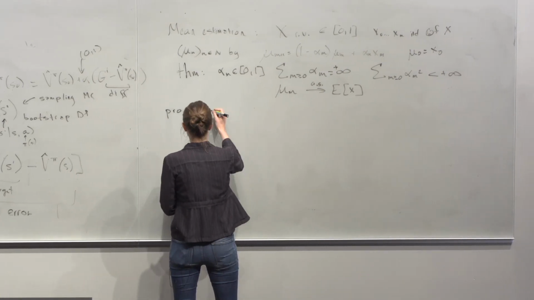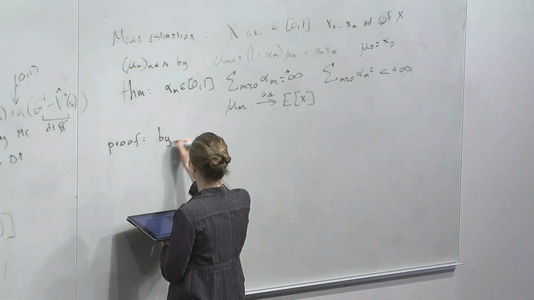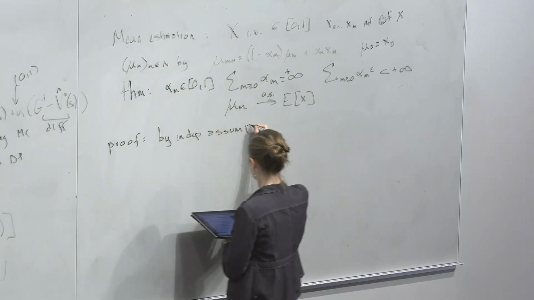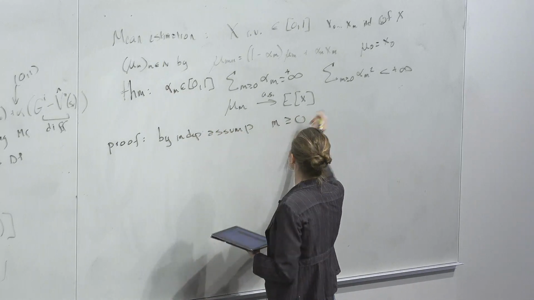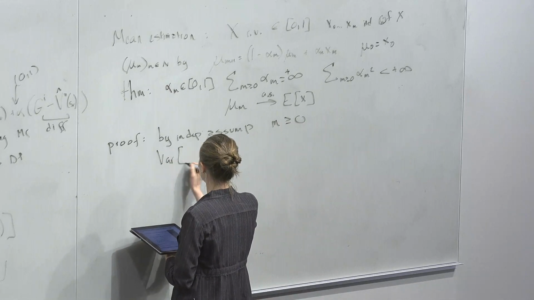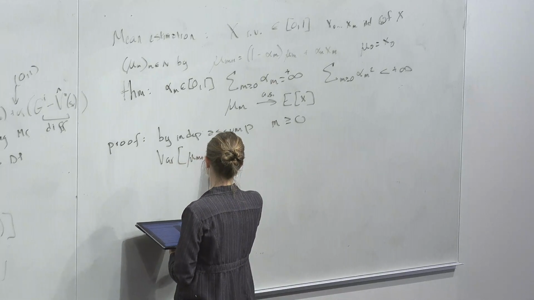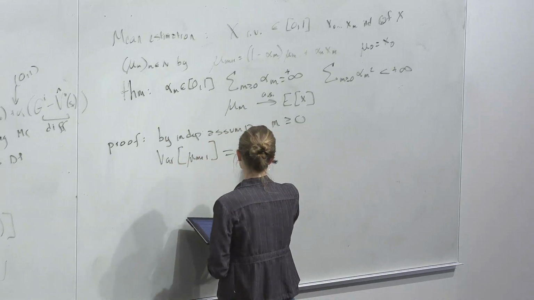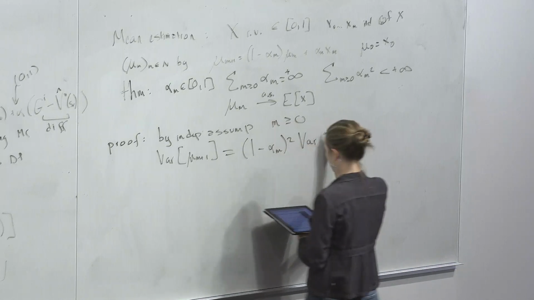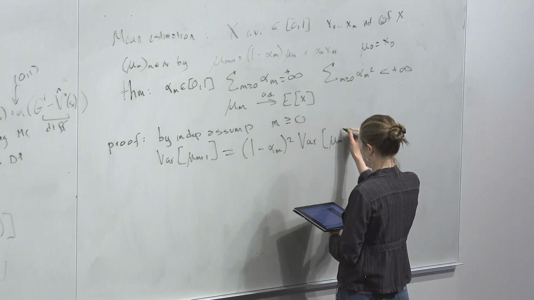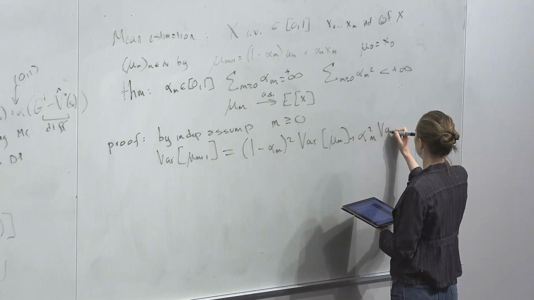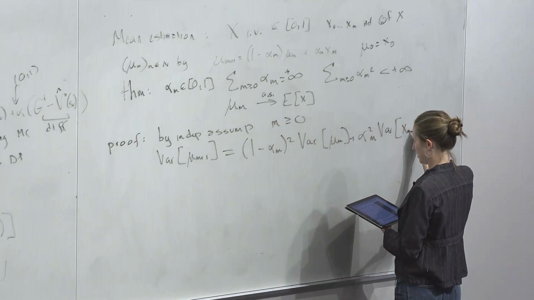Okay, so by the independence assumption, for m greater than or equal to 0, remember m is just indexing our estimate, the variance of our estimator is going to be equal to (1 minus alpha m) squared times the variance of our previous estimator, plus alpha m squared times the variance of our variable.